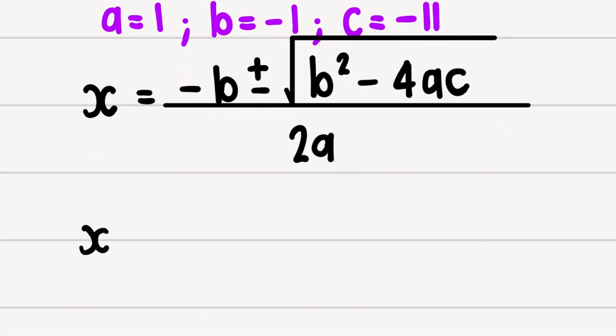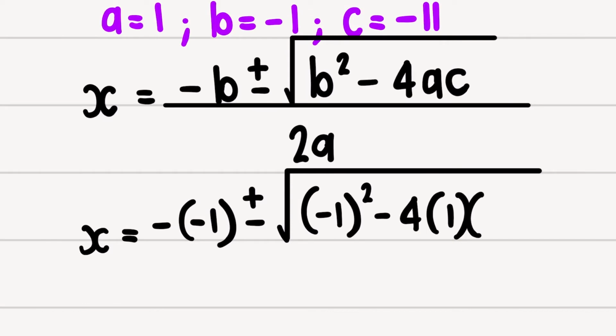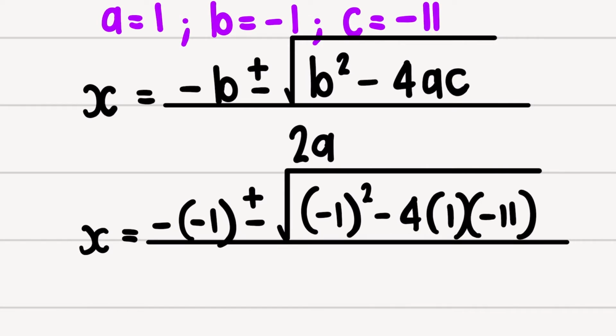So x is equal to negative b, but now b is negative 1, so I'm going to put it into brackets with the negative, plus minus the square root of b squared, so b is minus 1, so minus 1 squared, minus 4 times a is 1, times c is negative 11, and that is all divided by 2 times a, and a is 1.